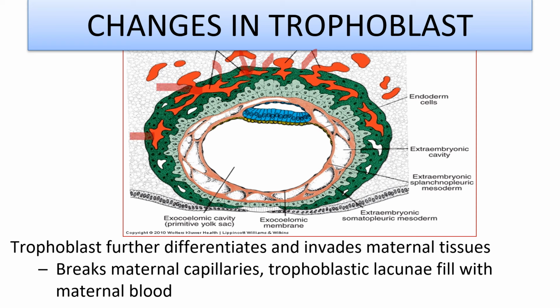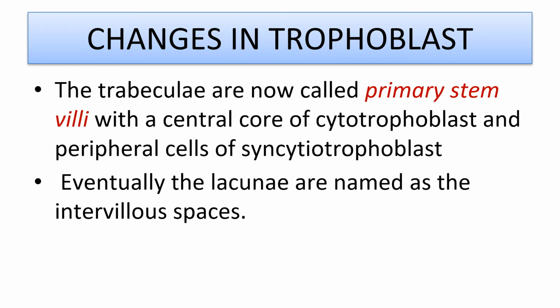The syncytiotrophoblast is eroding the maternal capillaries and the maternal blood is reaching the lacunae. Again you can appreciate the cytotrophoblast growing in between these lacunae full of blood. So the trabeculae are now called the primary stem villi.